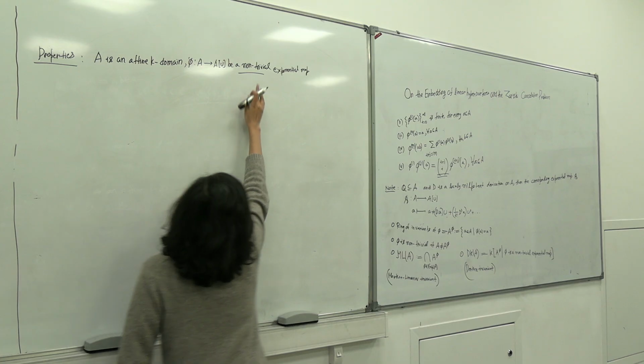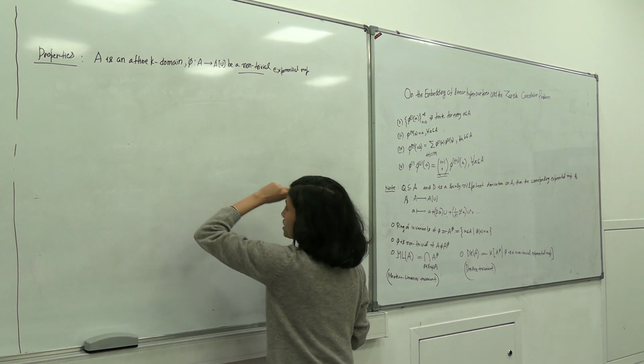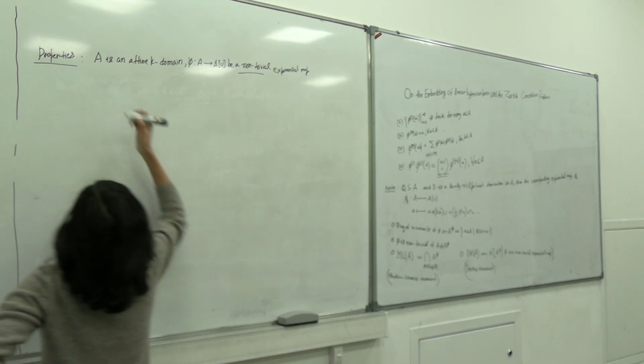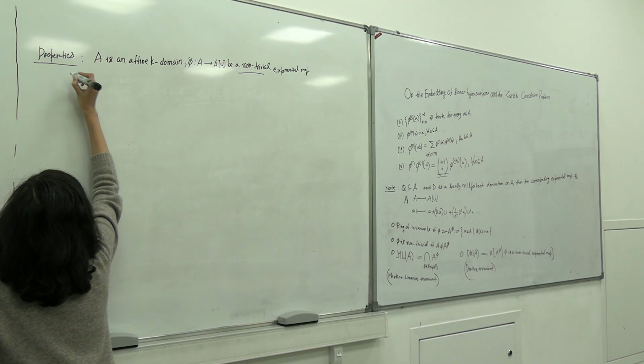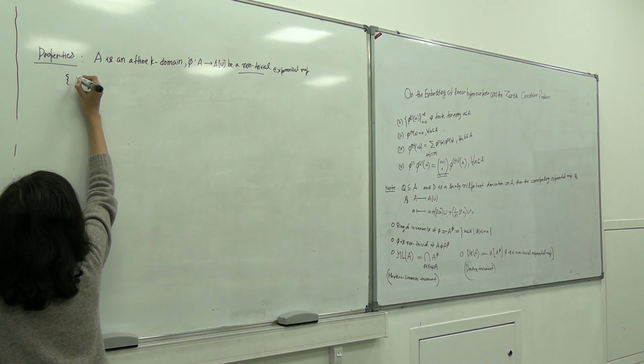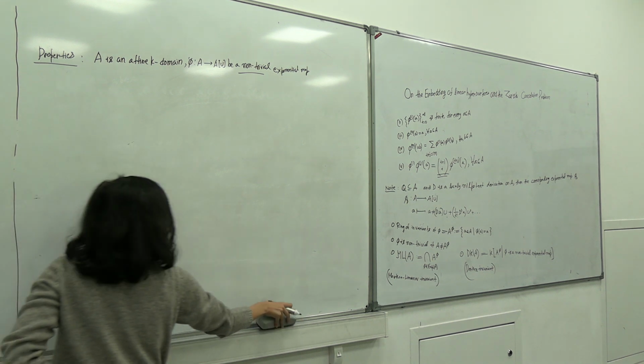So now we have defined what a non-trivial exponential map is. We have an affine k-domain and a non-trivial exponential map, and we consider all these degrees. Now we are defining something again.